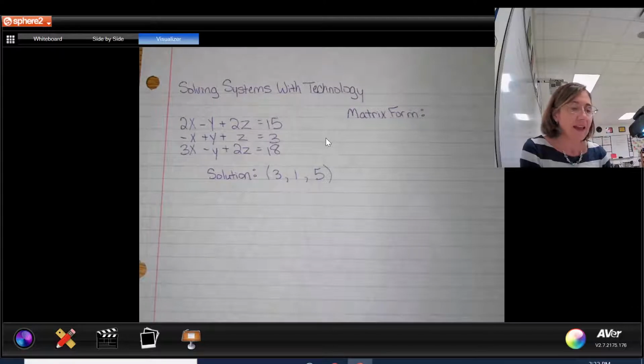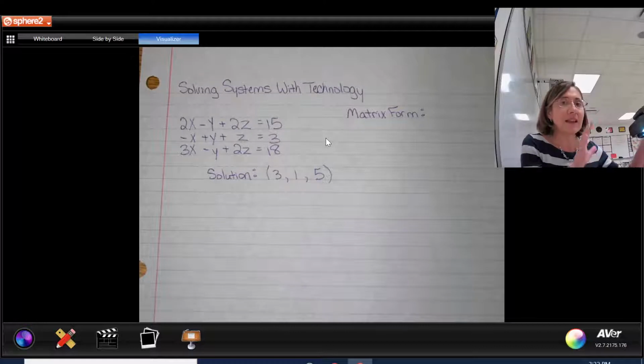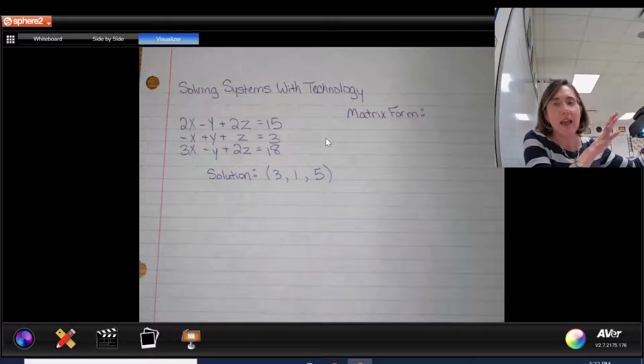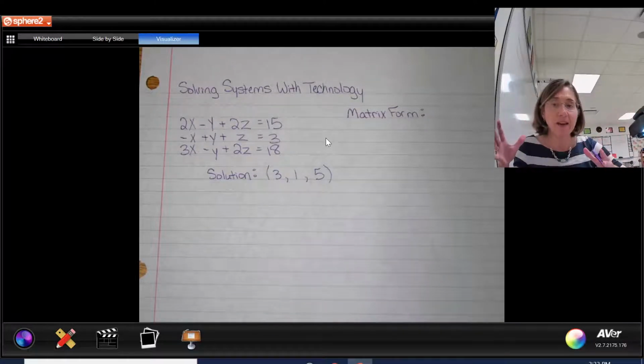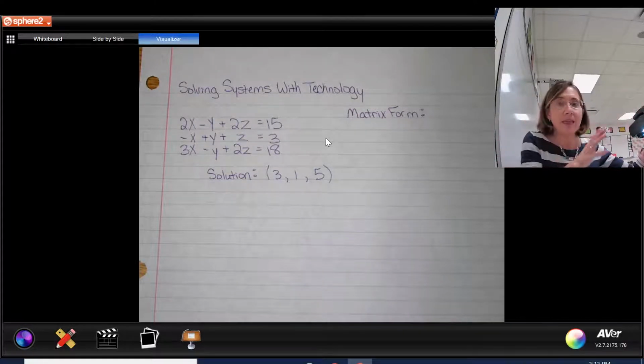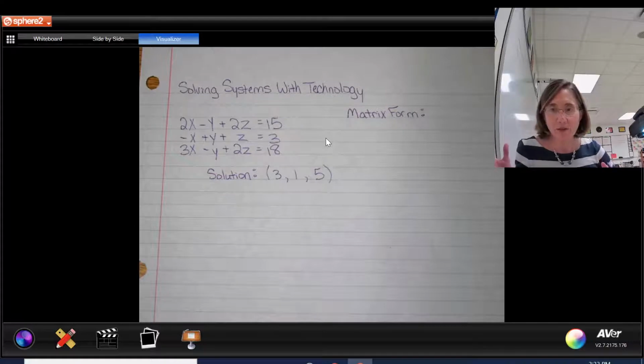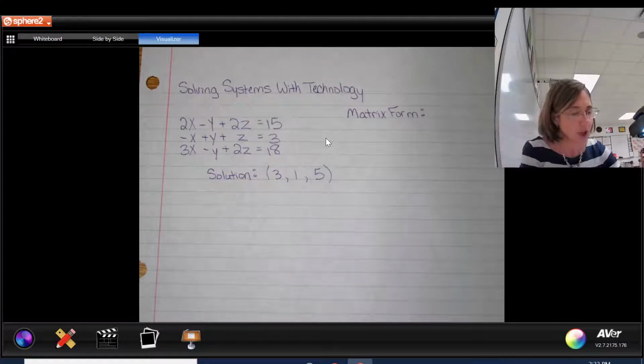Well, in solving systems, I kind of got tired of all the variables, like ugh, so many letters to keep track of. So what they decided was that they would take the coefficients and write them in a certain way, and then they won't have to keep writing the letters over and over again. So that's kind of the basis behind a matrix.